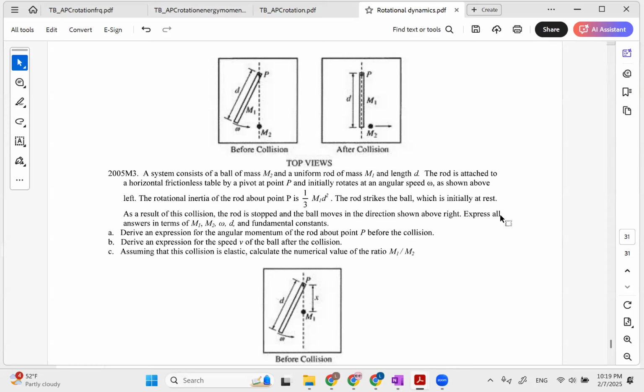The rotational inertia of the rod about point P is 1/3 m sub 1 d squared. The rod strikes the ball, which is initially at rest. As a result of this collision, the rod is stopped and the ball moves in the direction shown above right. Express all answers in terms of m sub 1, m sub 2, omega, d, and fundamental constants. Derive an expression for the angular momentum of the rod about point P before the collision. Derive an expression for the speed v of the ball after the collision. Assuming that this collision is elastic, calculate the numerical value of the ratio m sub 1 over m sub 2.